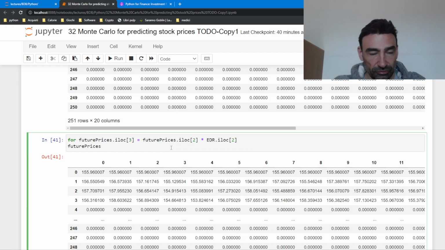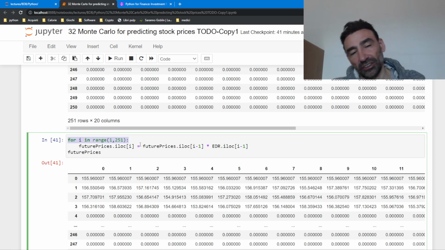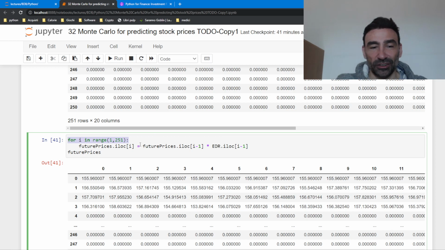So, for i in range. I didn't want to introduce loops in this course, but for this specific example it was absolutely necessary. This simply creates sequentially i 1, 2, 3, 4, 5 up to 250, not up to 251, just up to 250.